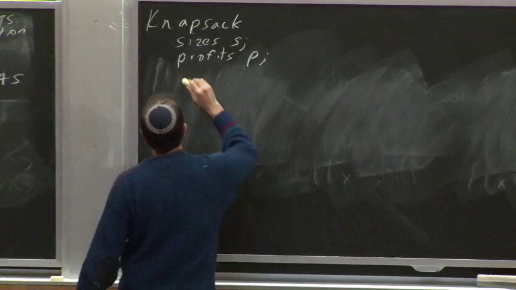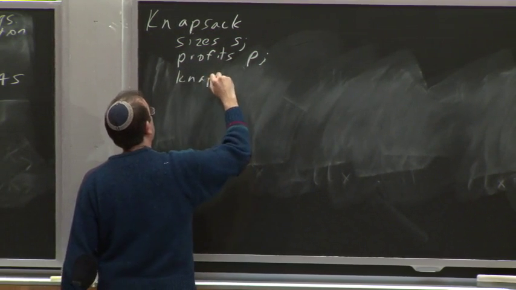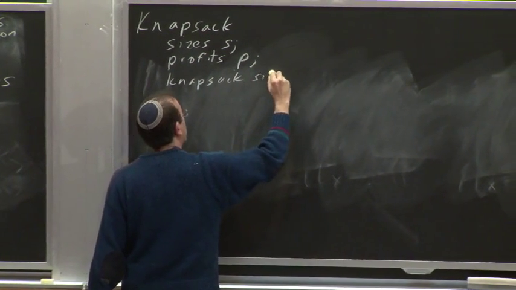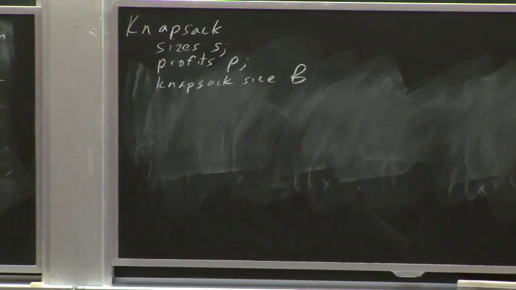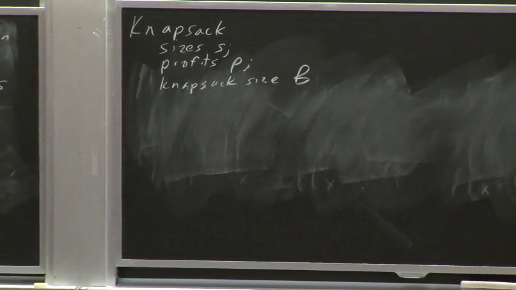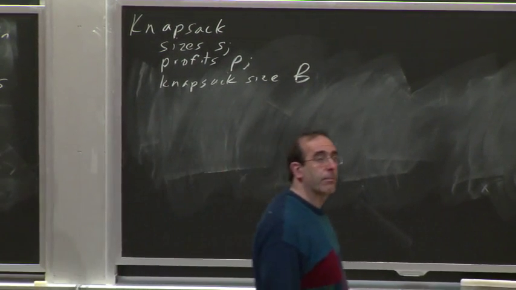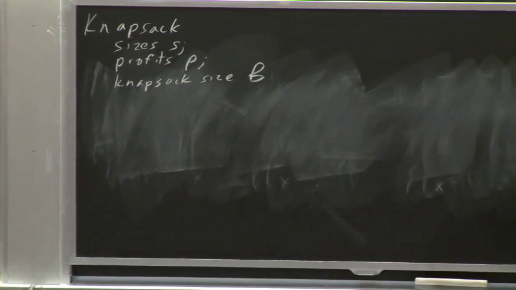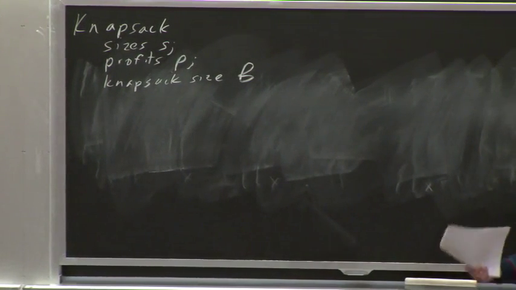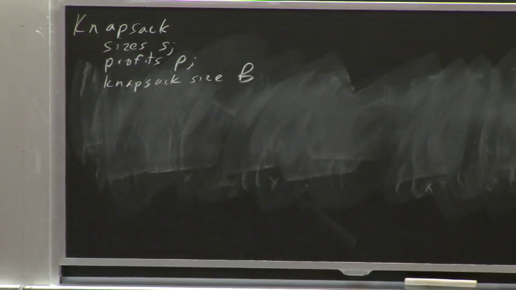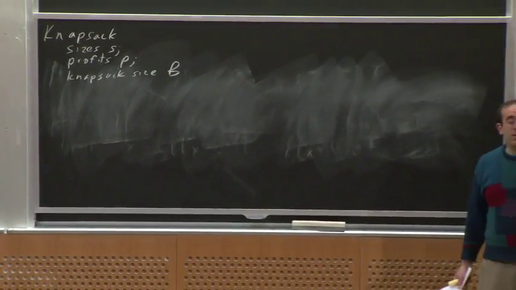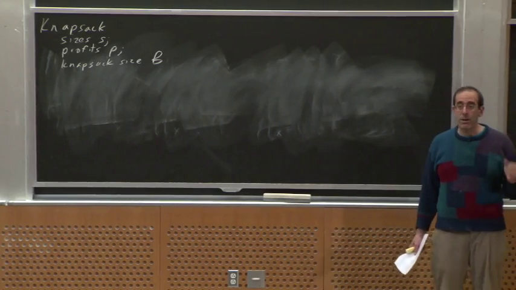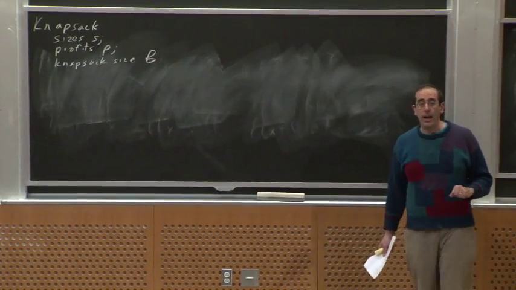And you've got a knapsack size B. And you want to fit as much profit as possible into your knapsack. So we saw last time that this problem does not have an additive approximation at all because you can scale it and turn any additive approximation into an exact algorithm. But what I'm going to show you is that it has arbitrarily good approximation algorithms. However close you want to get to the optimum, you can.